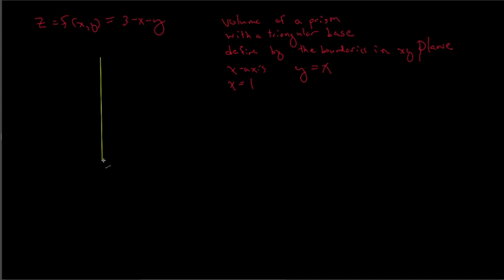Let's see here. I'll get my axes. So there's Z. Give myself some room. So there's my x-axis, my y-axis, and my z-axis. And if we note at 0, 0, this plane is going to be at 3.